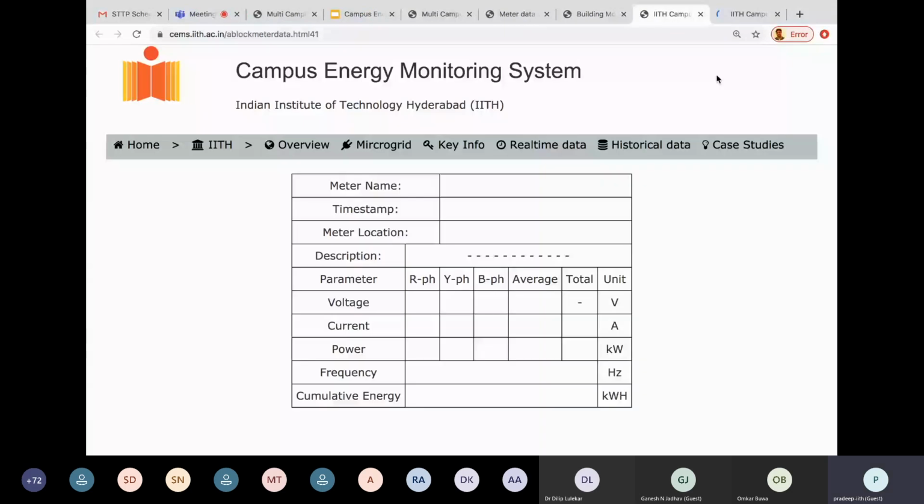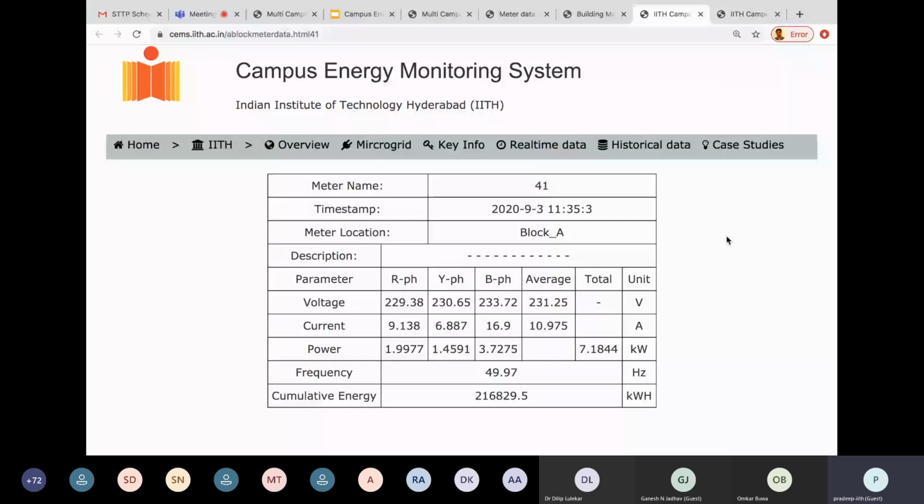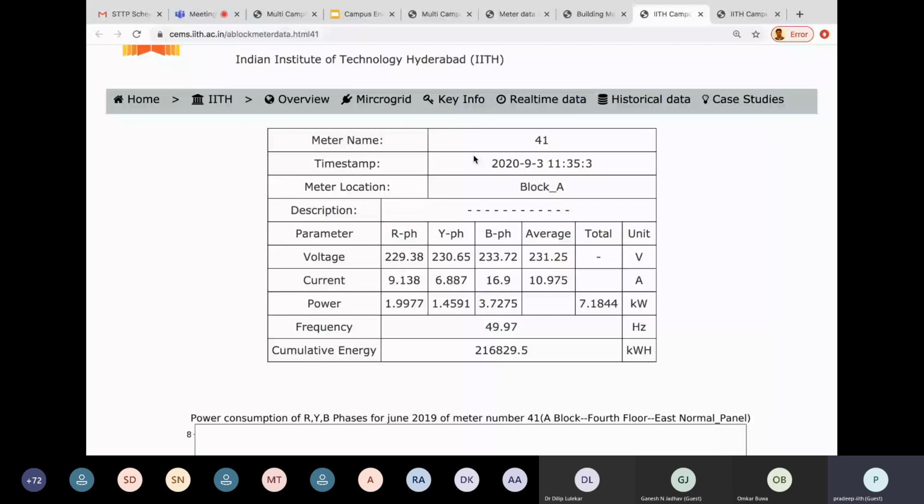We are able to collect all the three-phase parameters. For example, here the meter name is 41. This is one of the meters on the fourth floor. Voltages are more or less the same, about 230, 230, 230. So voltage-wise, there's no problem.